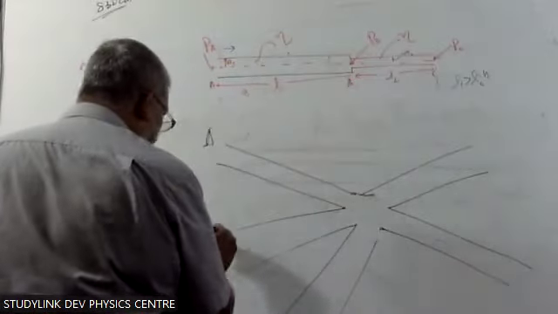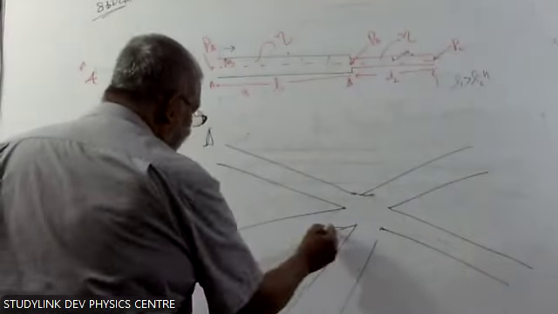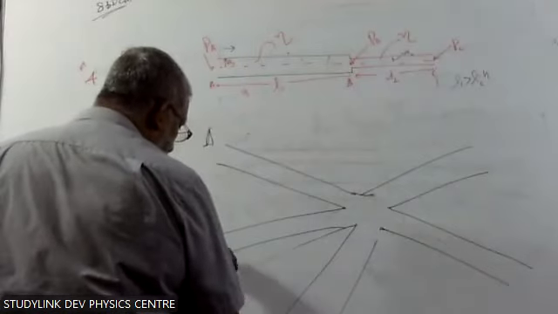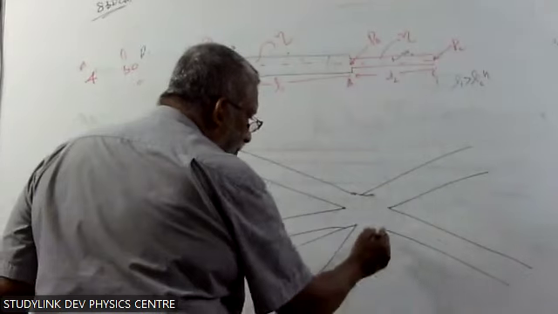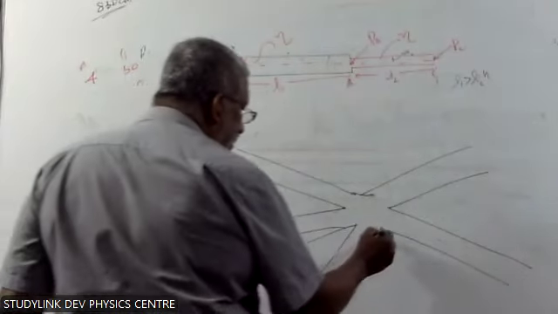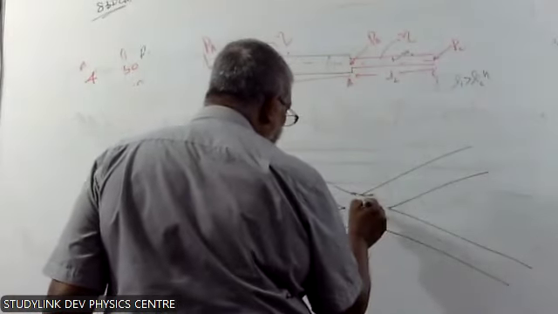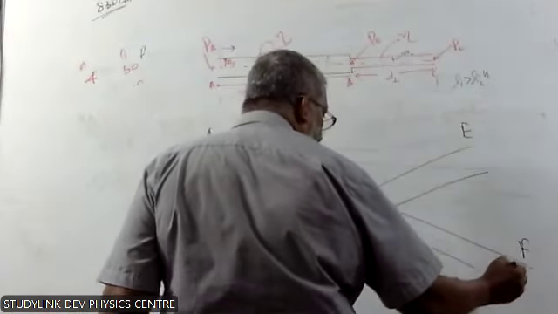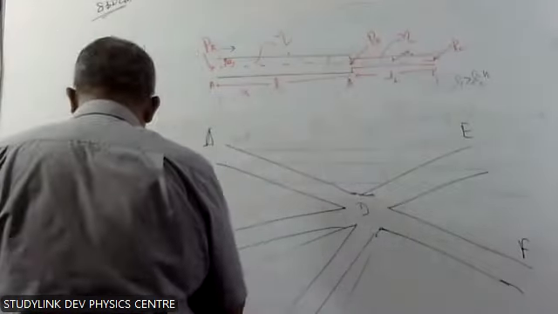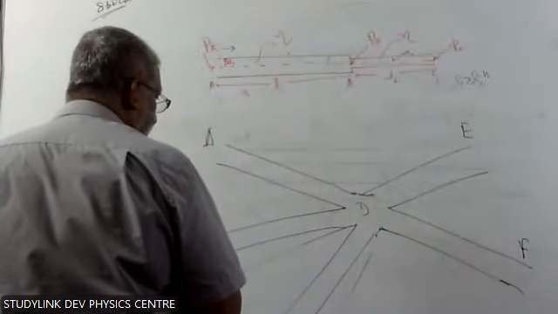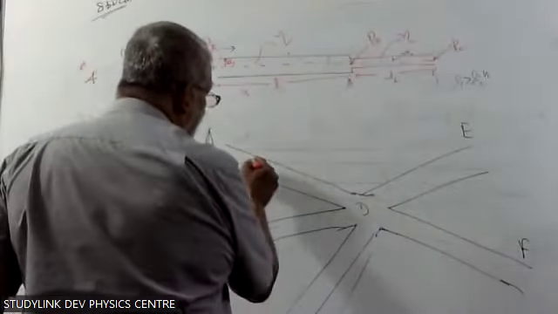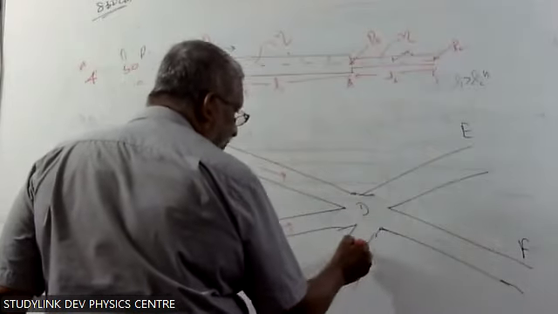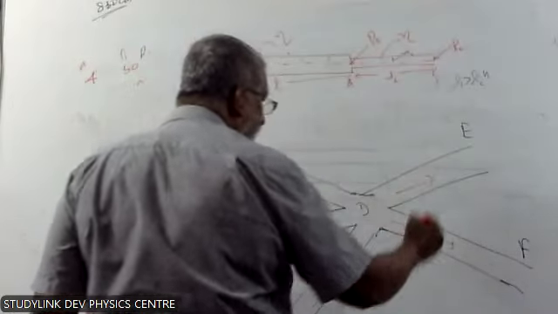A, B, C. This is D, E, F. Then the liquid comes like that. It can be in any direction like this, and flowing away.